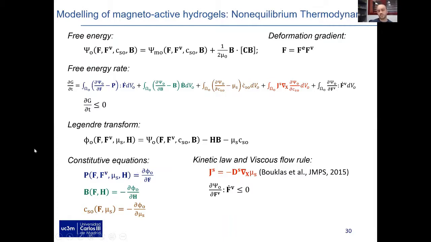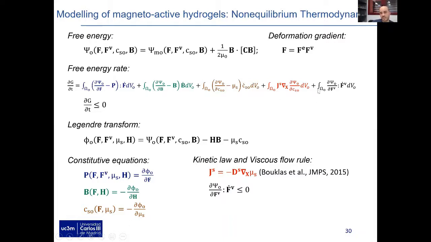We also made use of the Legendre transform, for the sake of convenience, to have the magnetic field and the chemical potential as independent variables, to help with implementation. So in the end, we get constitutive relations for the deformation gradient, the Piola-Kirchhoff stress tensor, the magnetic variables, and also for the solvent concentration and the solvent chemical potential, μs.